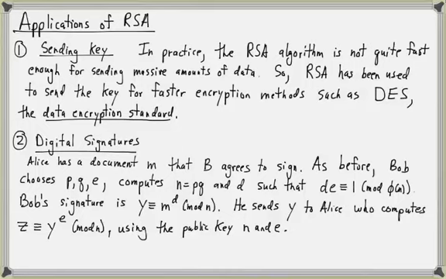Then Alice looks at her computation Z, which is Y to the power E. If Z is congruent to the original document M, then Alice can accept the signature as valid, since only someone with the private key D could have signed this document. So if Z equals M, then Alice accepts the signature as valid.